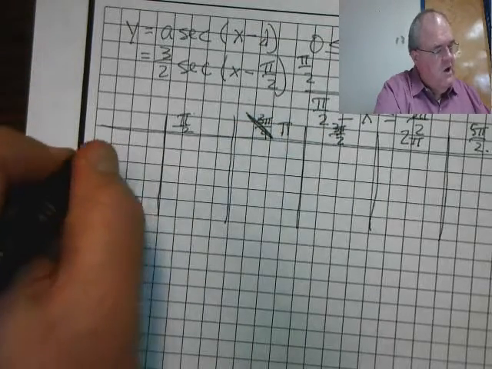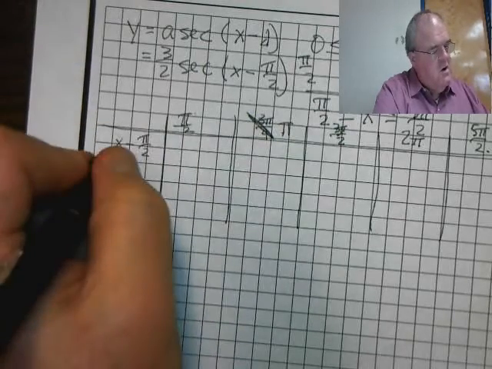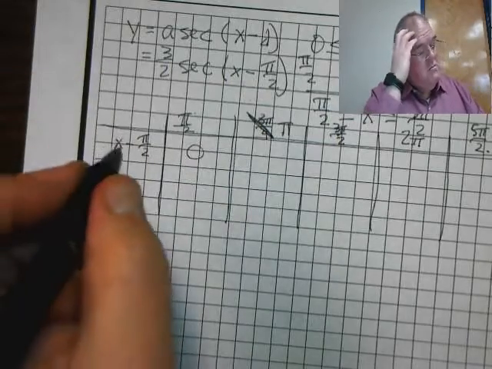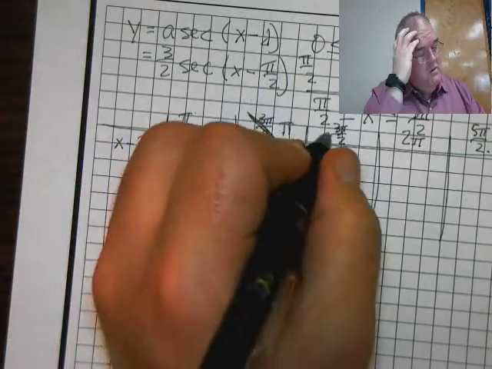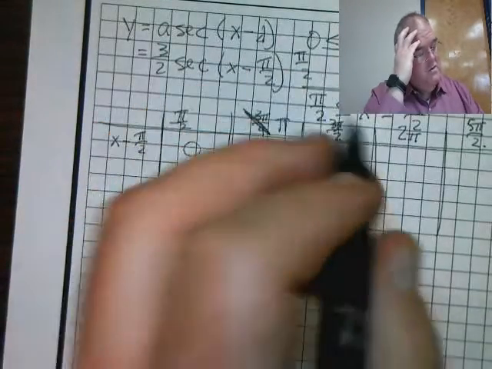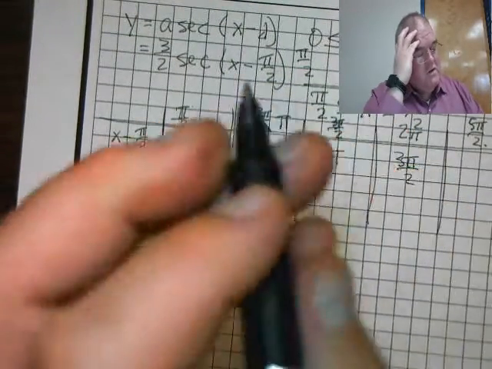So I'm going to say x minus pi over 2. Pi over 2 minus pi over 2 is 0. Pi minus pi over 2 is pi over 2. 3 pi over 2 minus pi over 2 is pi. 2 pi minus pi over 2 is 3 pi over 2.